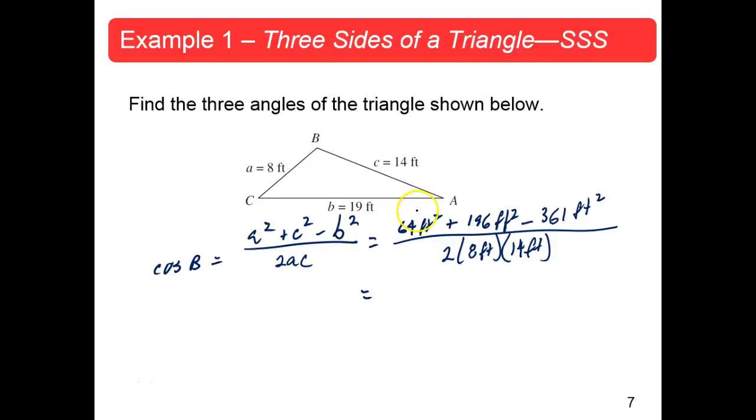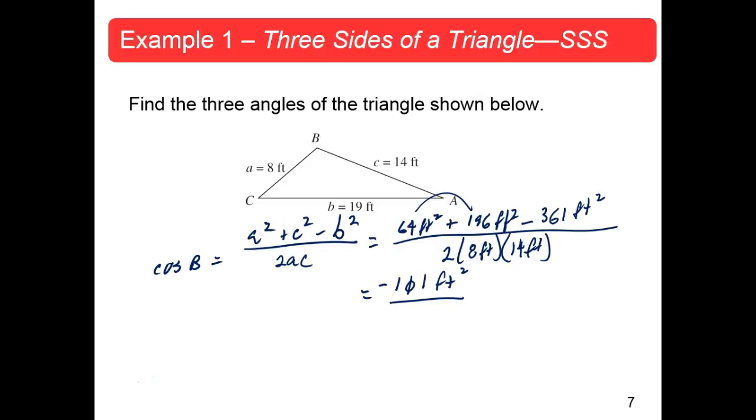Let's add the two positives here. That adds to 260, right? Subtract that from 361, that will be 101 square feet. Divided by, oh, and it's a minus. Don't forget that. That's important.